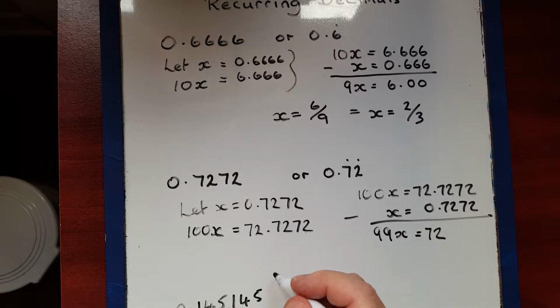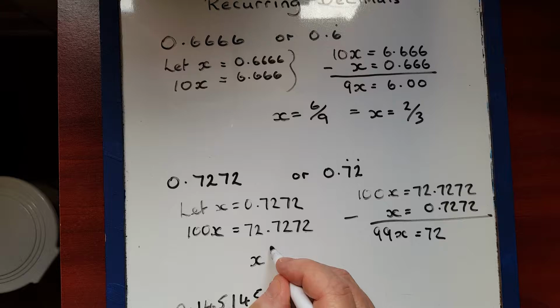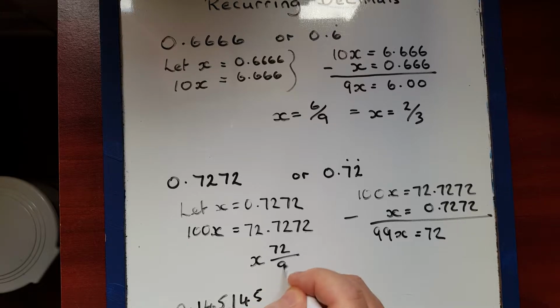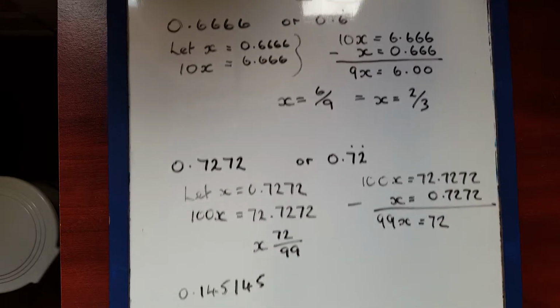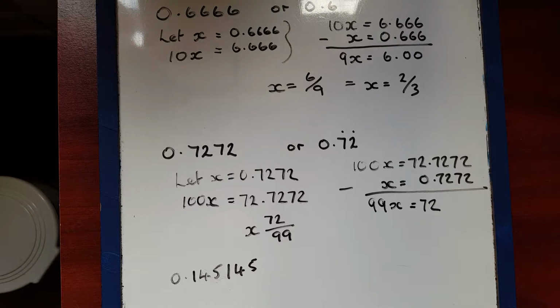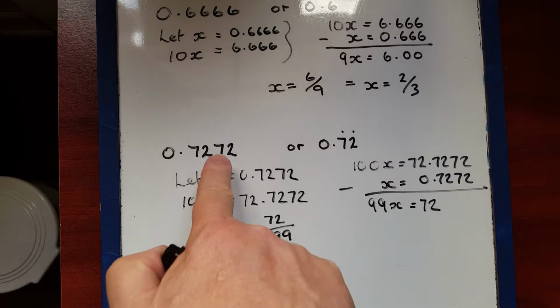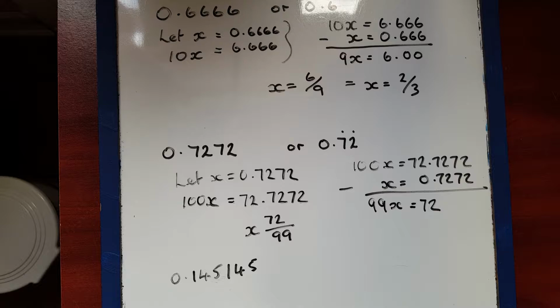So that means that x is 72 over 99. And obviously, if it's possible to simplify after that, then we carry on and we simplify. So that one was multiplied by 100 because we had to move 2 numbers back over the decimal point.